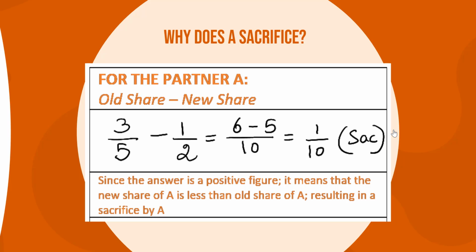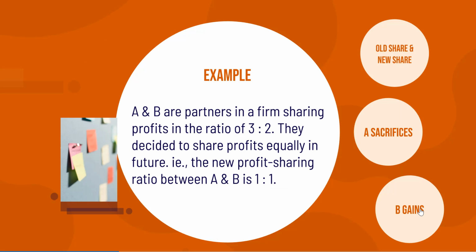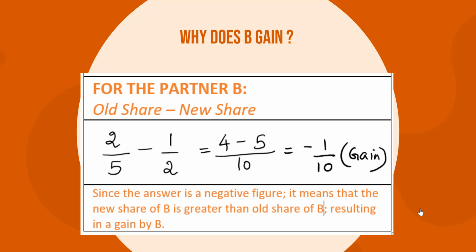So let's see the same concept with B. We will find that B is gaining. We'll apply the same formula, old share minus new share. Old share of B, 2 divided by 5, minus the new share of B, 1 by 2. On taking the LCM and deducting, we get a negative, minus 1 by 10.